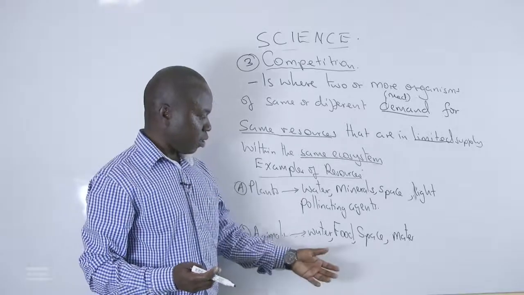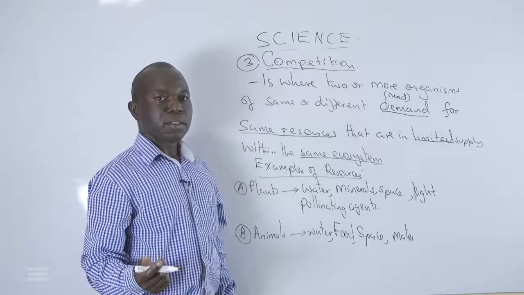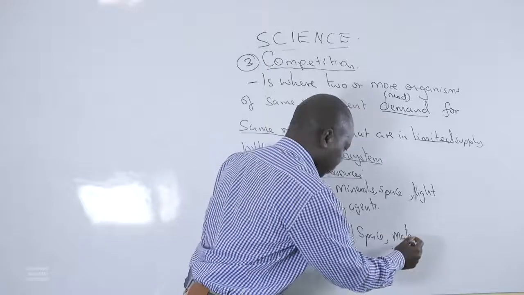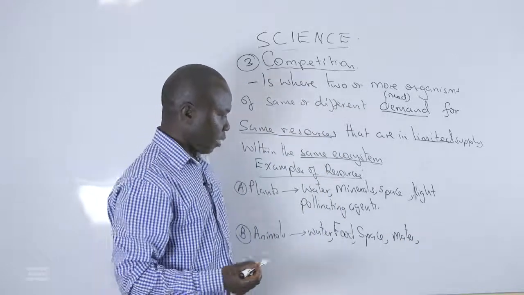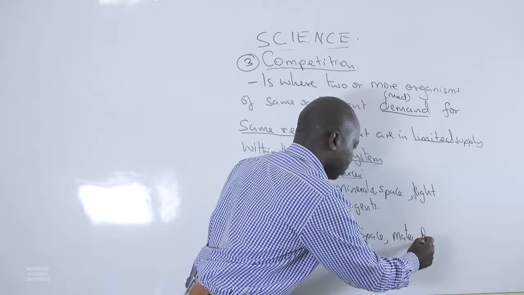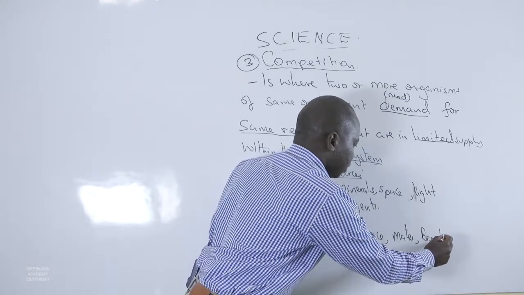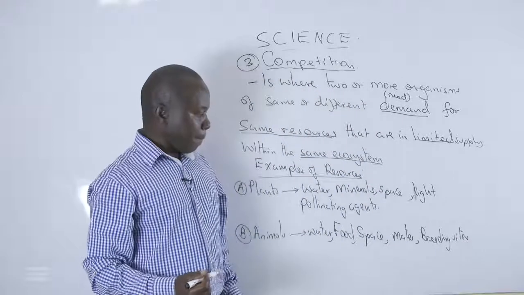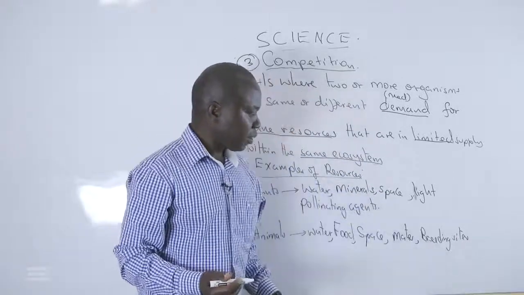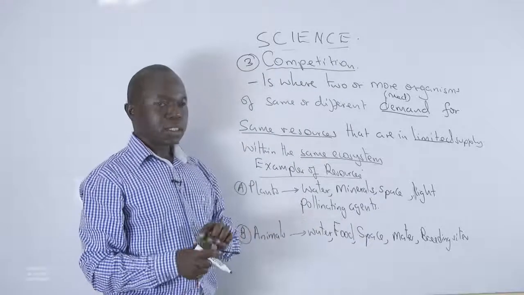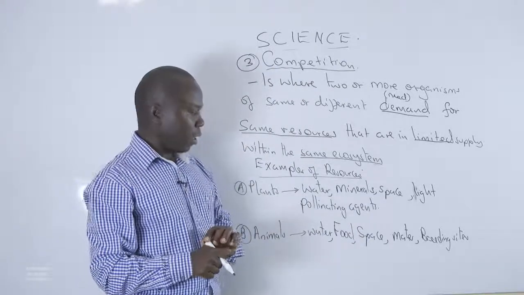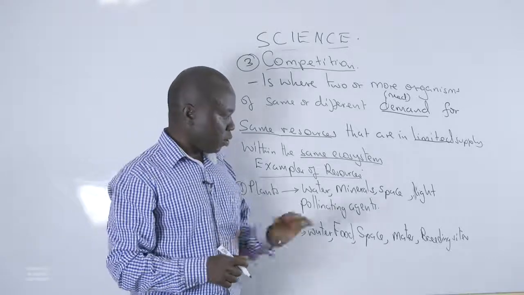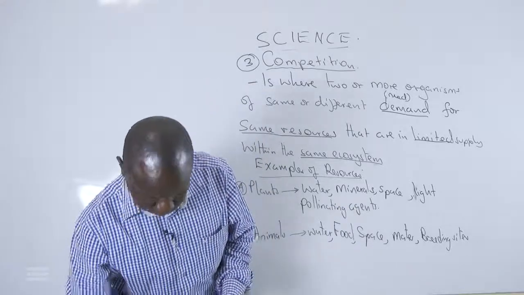This is very common. Males will compete for females in an ecosystem. And then we have also breeding sites. So organisms will compete for several of those resources in an effort to enable them survive in the ecosystem. So these are some of the resources.